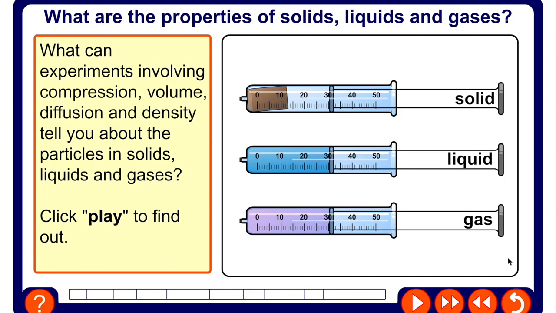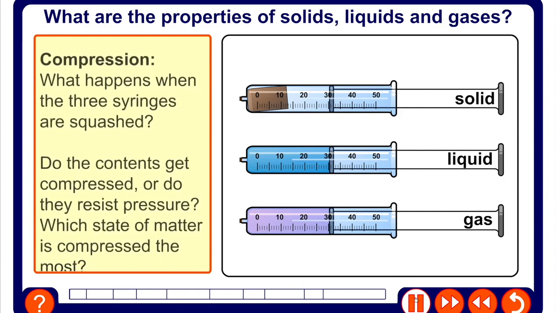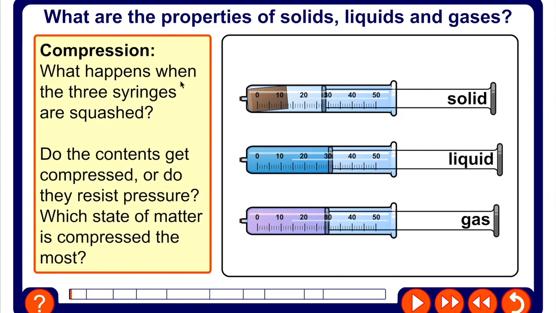I want to take a look at the properties of the three states of matter. First, I want to look at their ability to be compressed. I will compress solids, liquids, and gases in these syringes, and see how they behave under pressure.